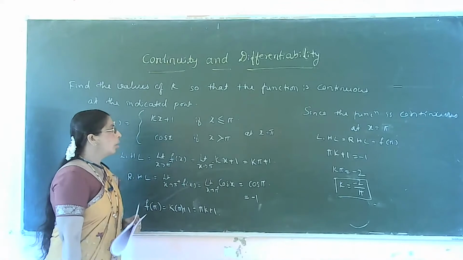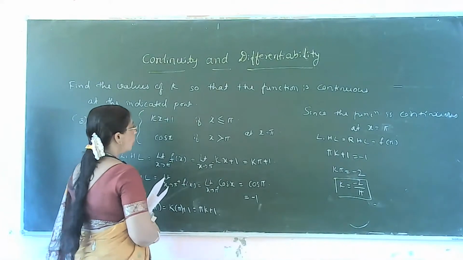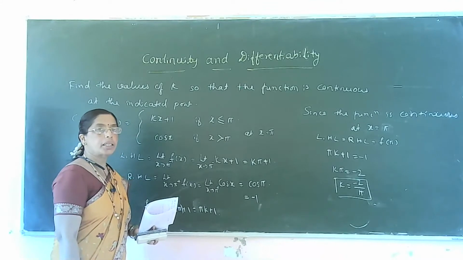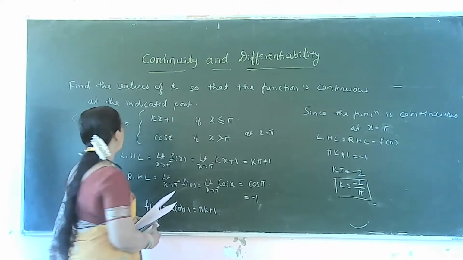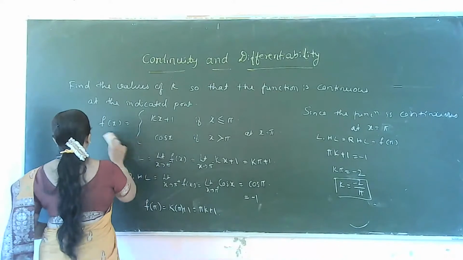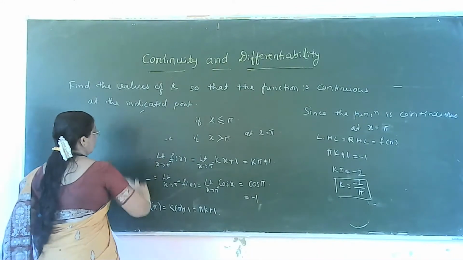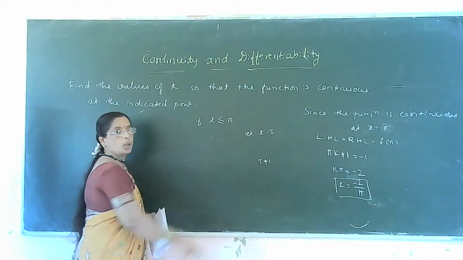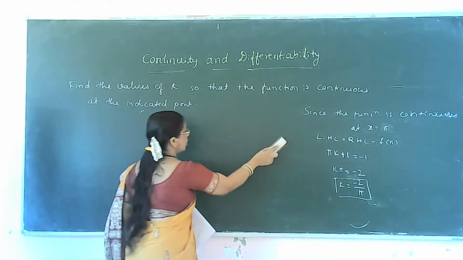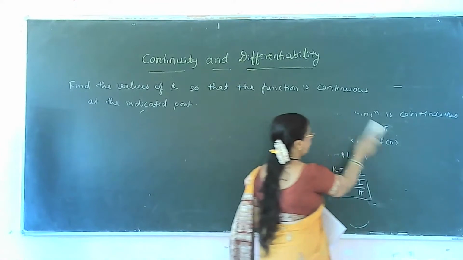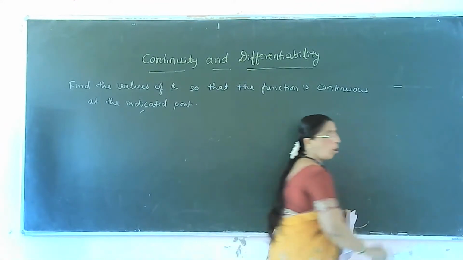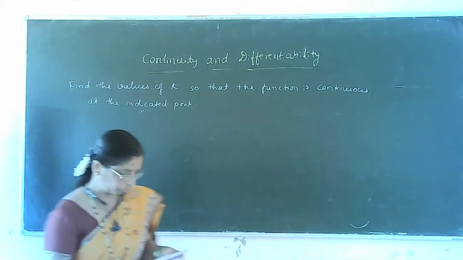Here, you have to find the k value when the function is continuous at a given point. There are many more problems in exercise 5.1. You solve the other problems, and if you have any doubt, please ask me or call me.